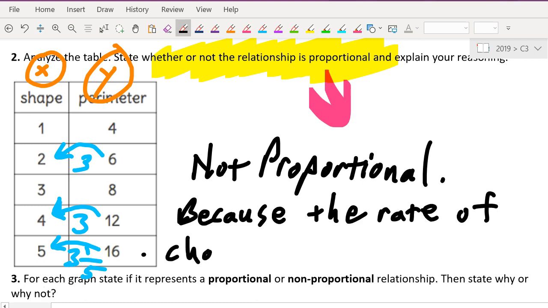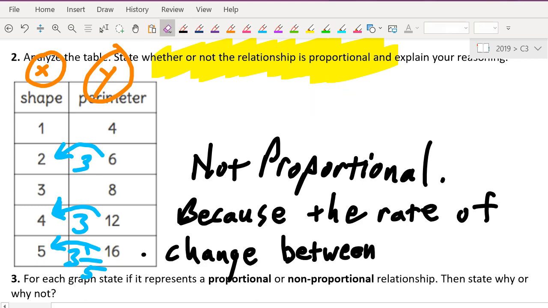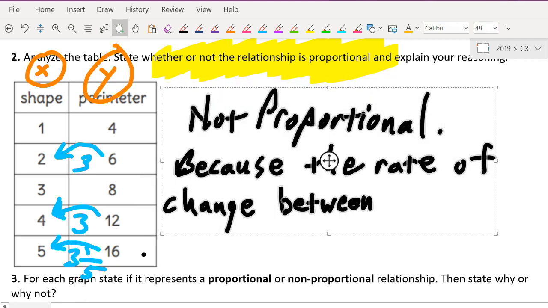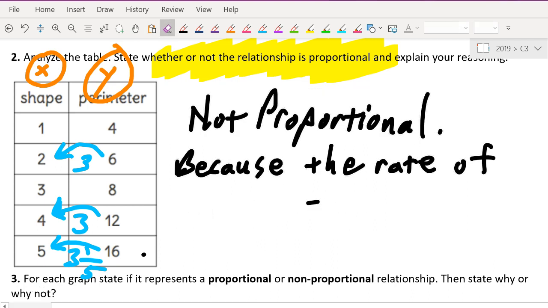Because the rate of change is not constant between shape and perimeter. It's not a constant rate of change. Or the constant of proportionality. That's the one we know, huh? Let's use constant of proportionality instead of rate of change.